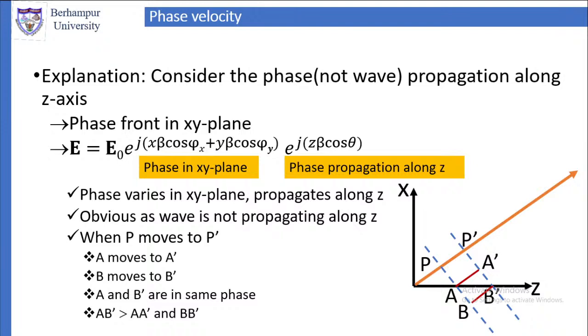So now with that we come to the end of phase velocity. We have seen that phase velocity is not the velocity of the wave, so therefore it is not a physical velocity. That is one point that we have seen. And the phase velocity is always greater than or equal to the velocity of the wave.